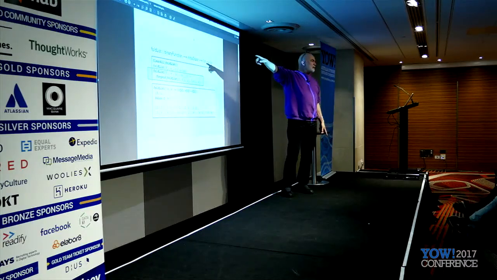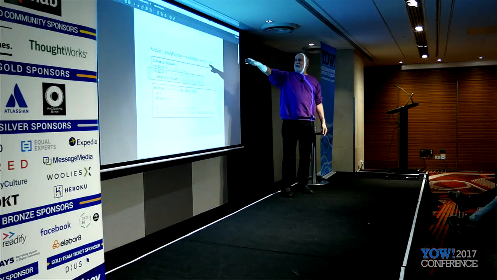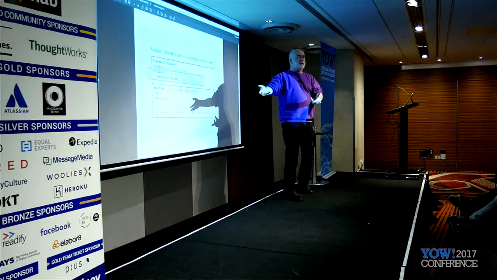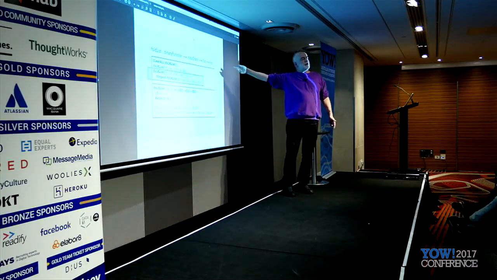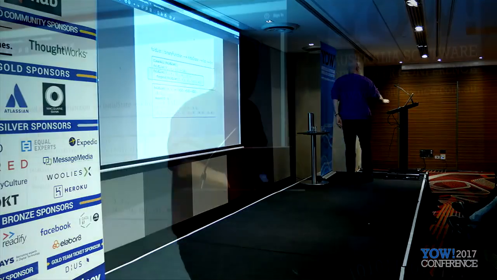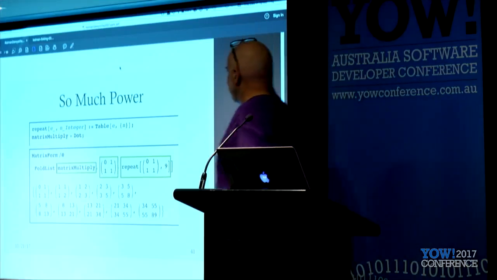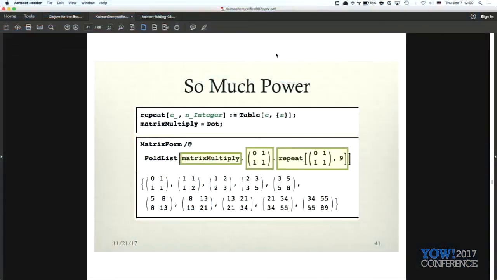I can write a fold over a list. In Haskell type notation here, fold list is a function that takes a binary function, an initial state, and a list, and gives you a new list. So that's what we're doing with this matrix multiply here for Fibonacci. Binary function, matrix multiply, 2 matrices, binary, boom, get a new matrix.